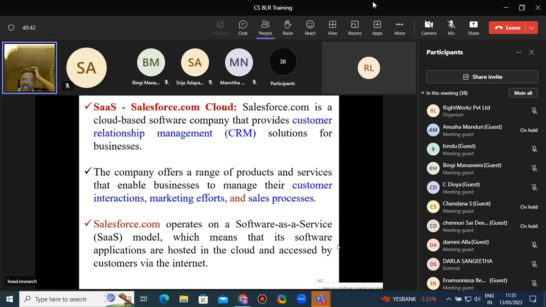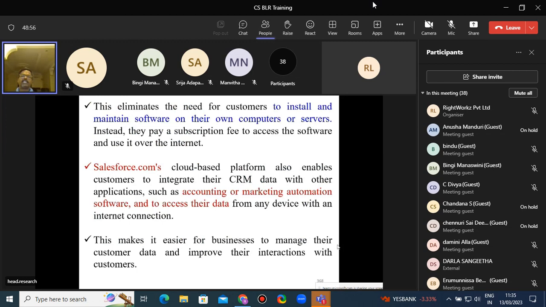Salesforce.com operates on a software as a service model, which means that its software applications are hosted in the cloud and accessed by customers via the internet. This eliminates the need for customers to install and maintain software on their own computers or servers. Instead, they pay a subscription fee to access the software and use it over the internet.